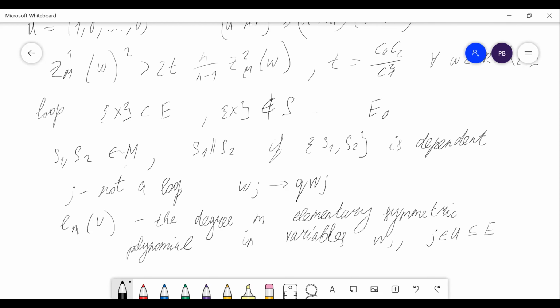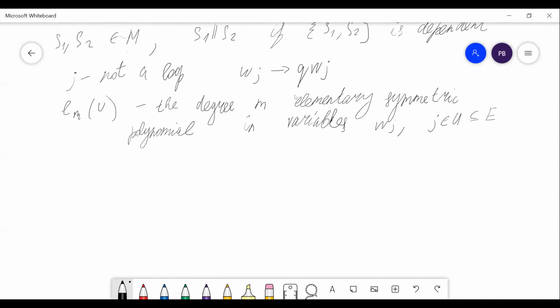So this change of variables sends us to an even nicer place. We can actually write this polynomial as 2e minus 1 minus q e 2e1 plus should be e0 or not.